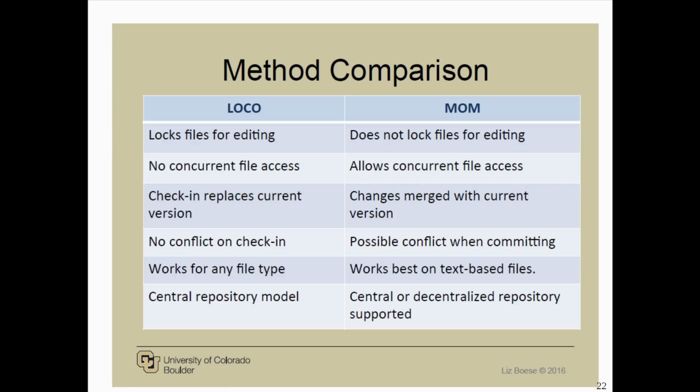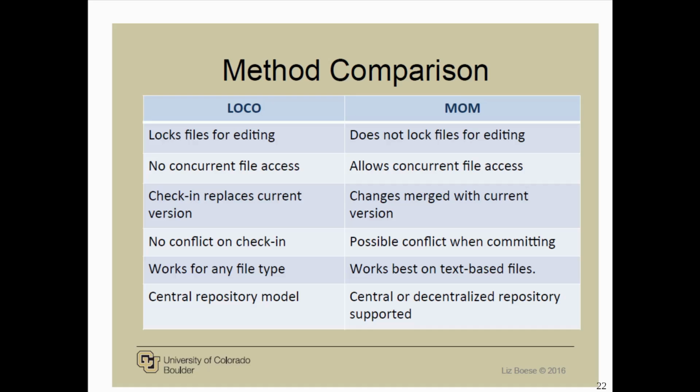So here's a comparison between lock on checkout and merge on modify. Lock on checkout locks files for editing, no concurrent file access, check-in replaces the current revision or current version, no conflict on check-in, that's nice, works with any file type, central repository model. Merge on modify does not lock files for editing, allows concurrent file access, changes are merged with the current version, possible conflict when committing, and this is a big one.